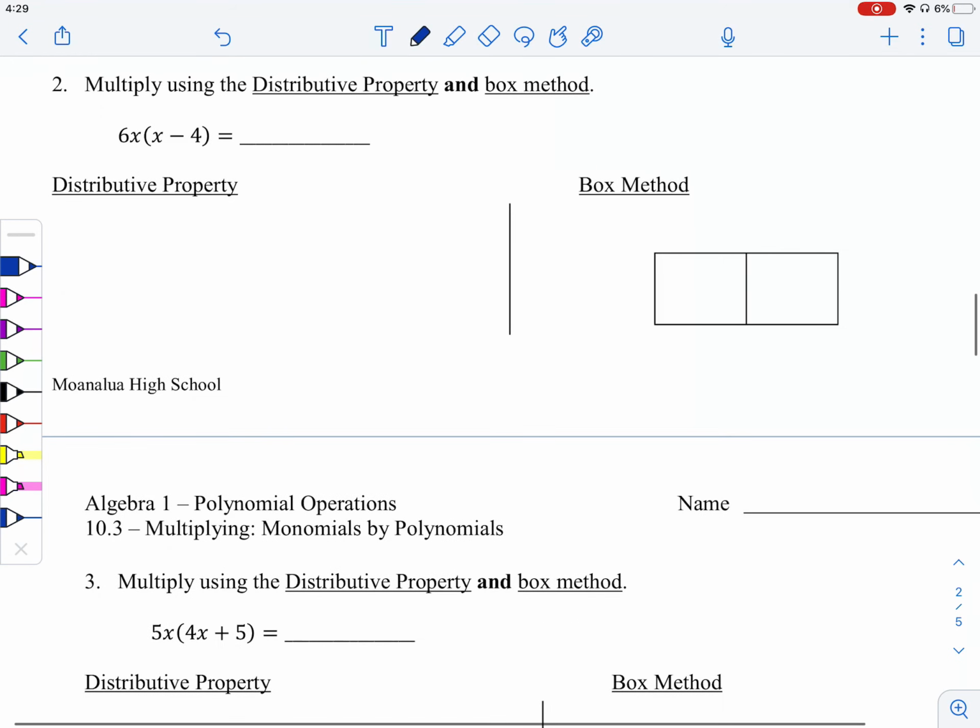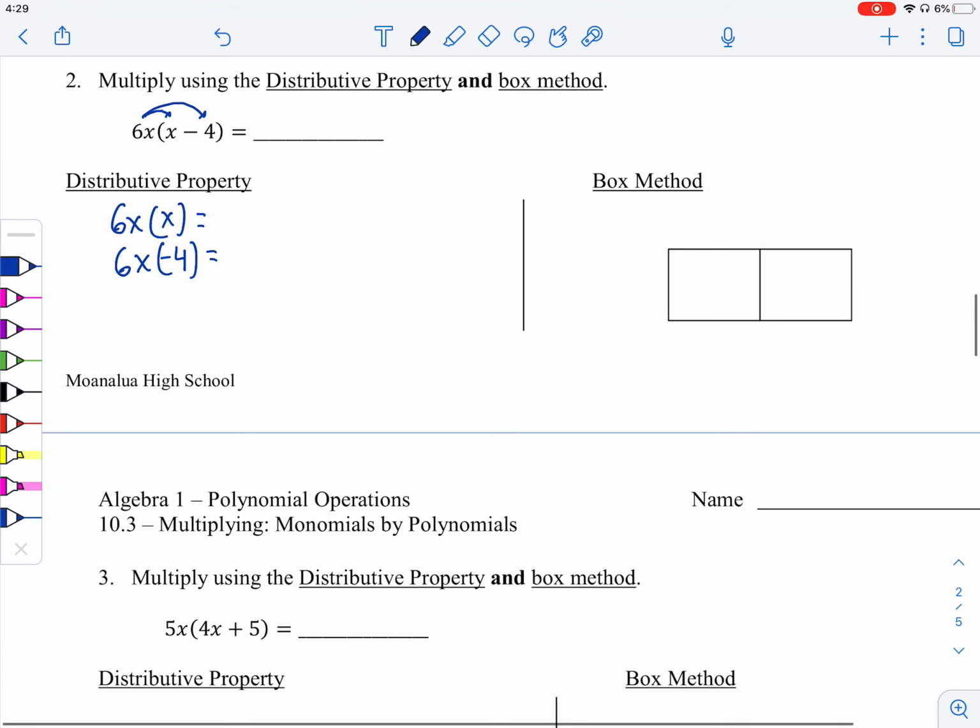Then number 2, again we're distributing the 6x. So we write 6x, we multiply that to x, and then 6x, we're going to multiply that to negative 4. So 6x times x, remember how we do this, right? So 6 times x, we got 1x here, so 6, we got 2 x's multiplied together, so that's x squared. That's how we got 6x squared.